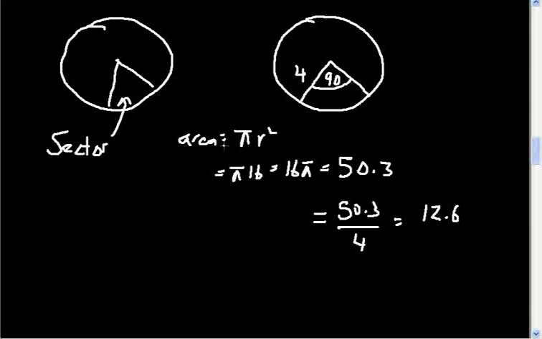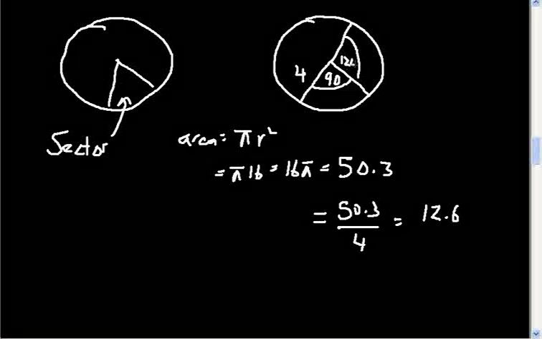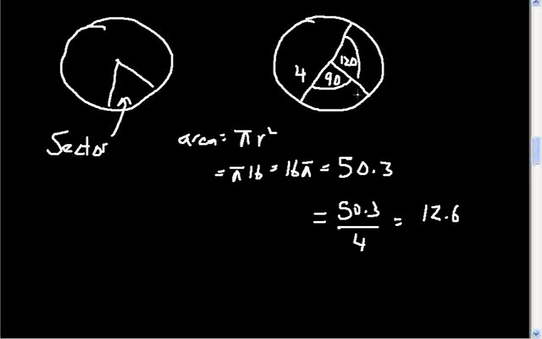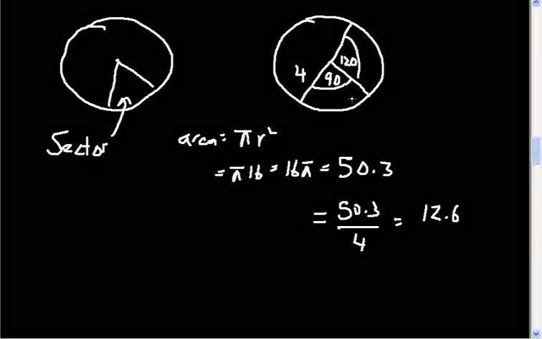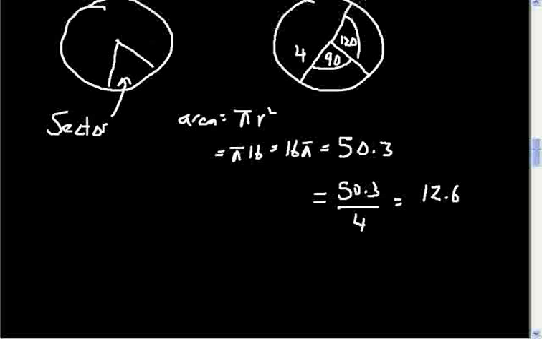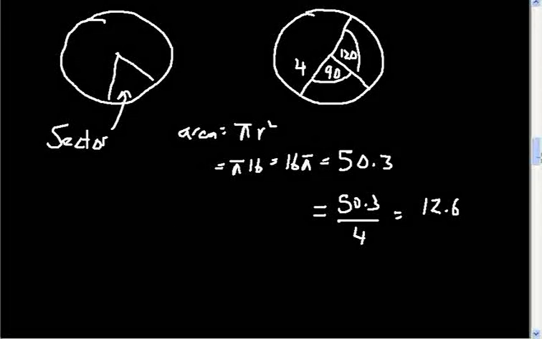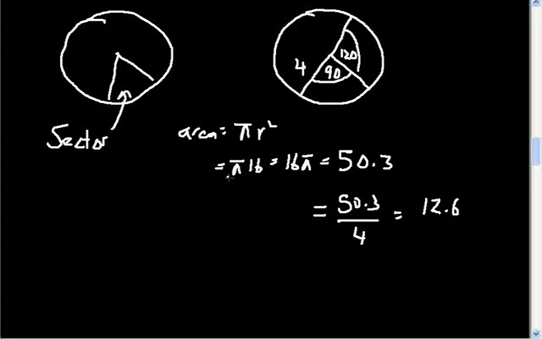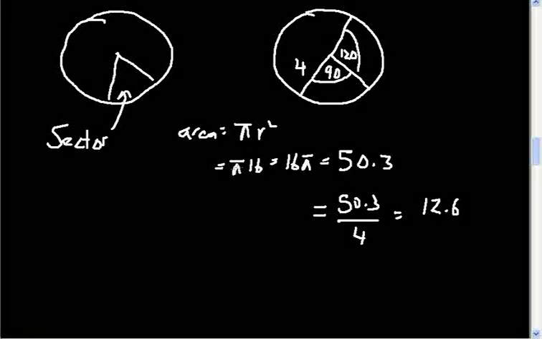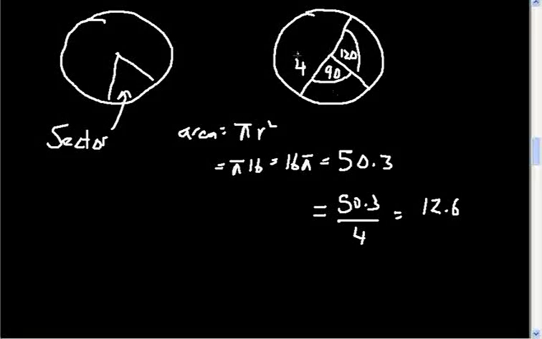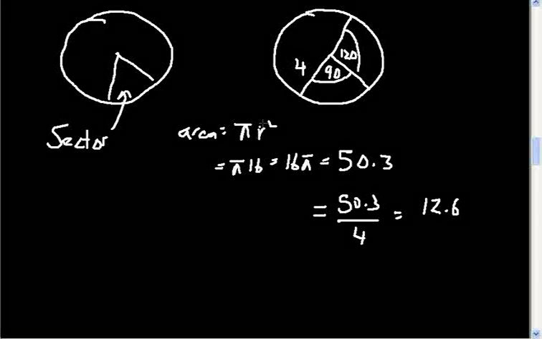But what if you were asked to figure out the area of a sector which traveled through an awkward angle? Let's say that was 120 degrees. How would you work that out? This is what you'd do. Notice the significance of this pi when you figure out the area of a circle.